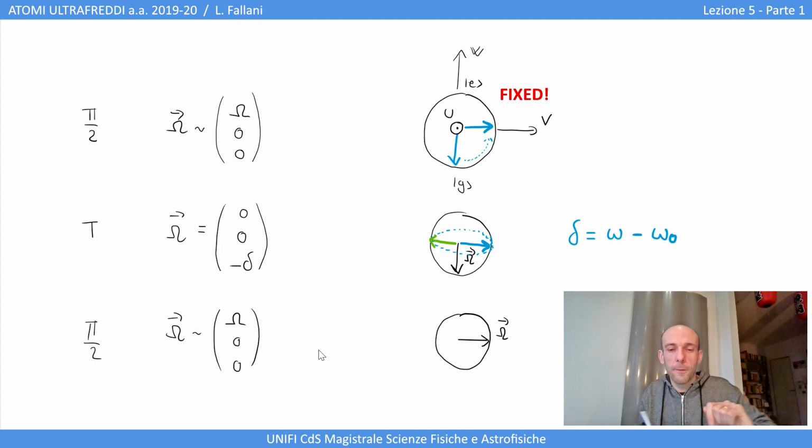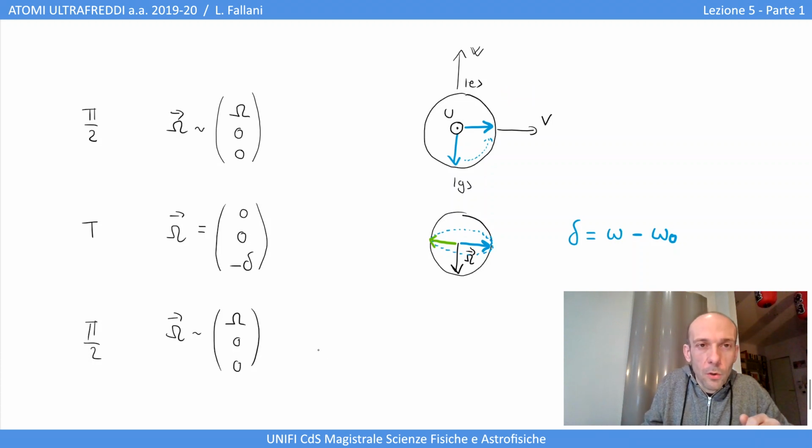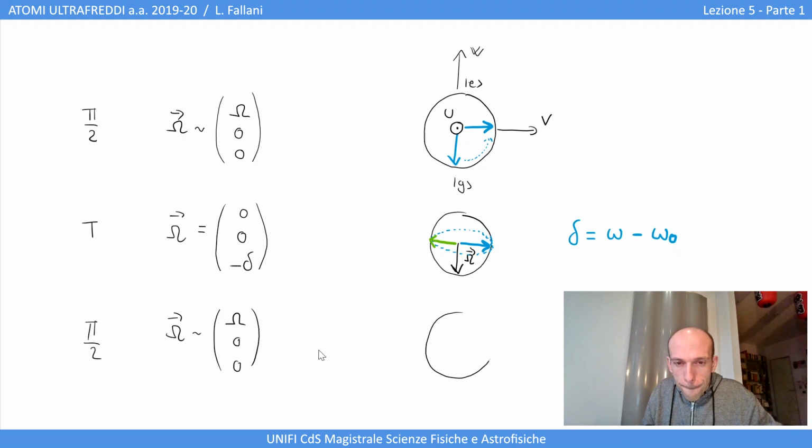So this was the first case. I'm sorry for that. So let's draw the last pi half pulse more carefully. So this is U, and this is also the direction, of course, of omega.